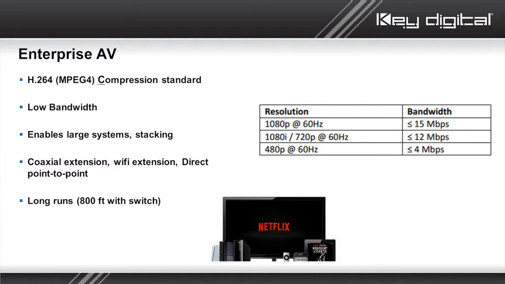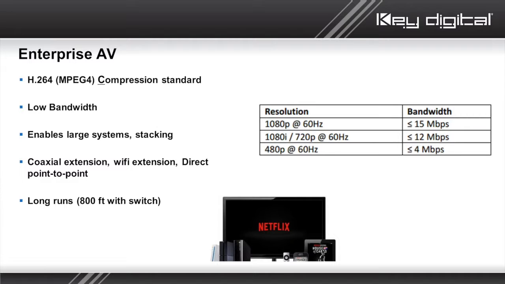There are other benefits of using a low bandwidth compression. That is, our standard runs are actually exceeding the basic 100 meter network distance limitation. You actually could do 400 feet from the transmit into the network switch and another 400 feet out of the network switch to the receive for a total of 800 feet.